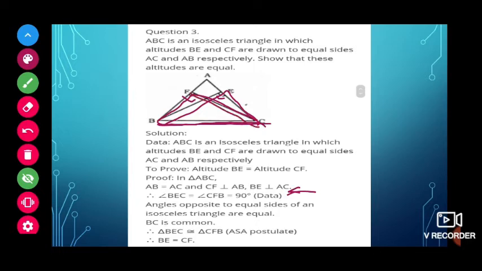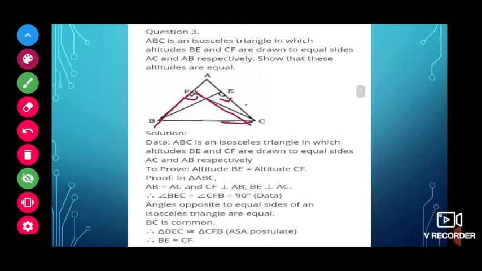So automatically these altitudes will cut both the sides in an equal ratio. So we can say that BF is equal to EC. So using two sides and one angle equal, or by using RHS, that is right angle triangle, we can say this.